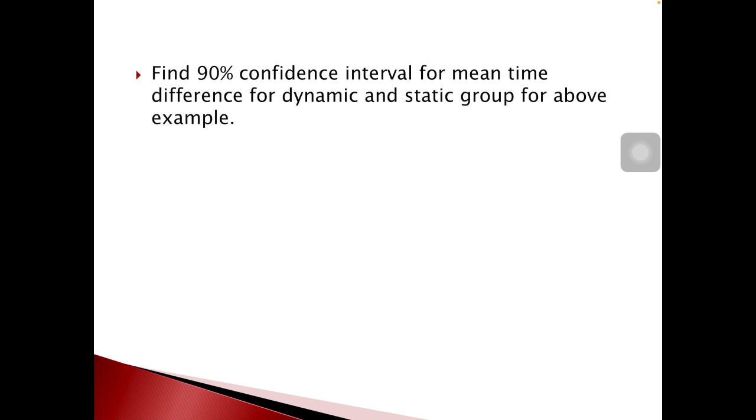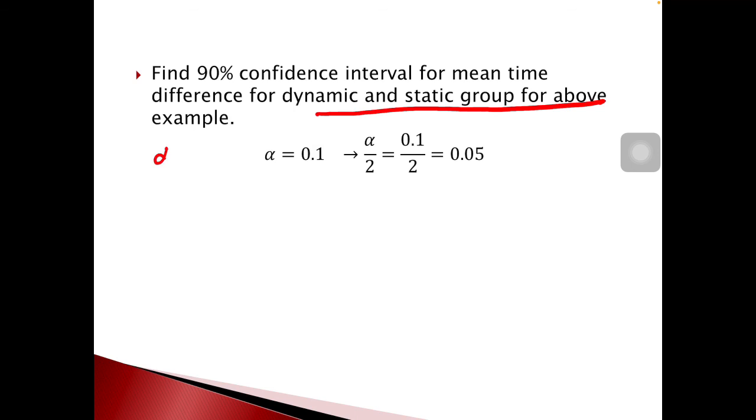So find the 90% confidence interval for the mean time difference between the dynamic and static group for the above example. 90% confidence interval means alpha is 0.1, but we need alpha over 2, so alpha over 2 is 0.05.